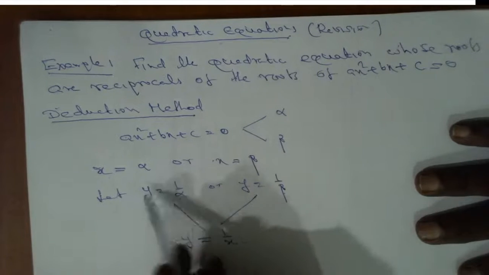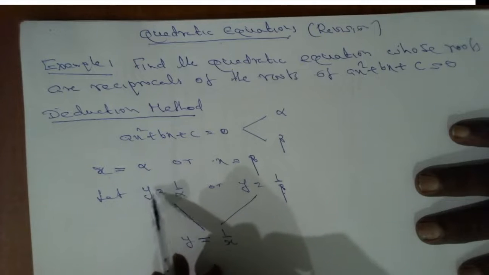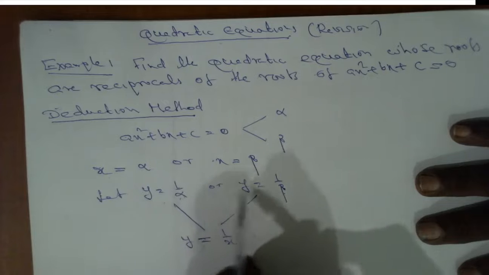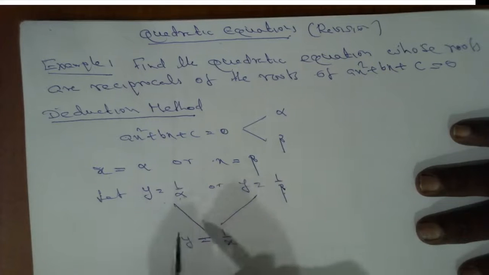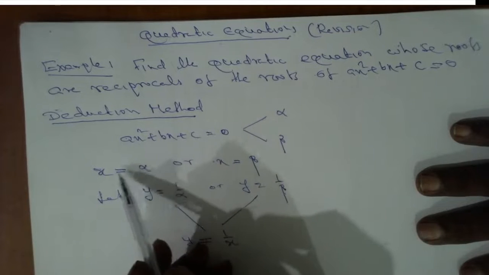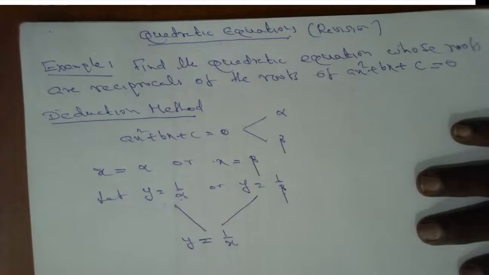You can take the variable of that quadratic equation as y, and for alpha and beta you can take x, right? Now you can build up this relationship between x and y, the two variables of the two quadratic equations, right?